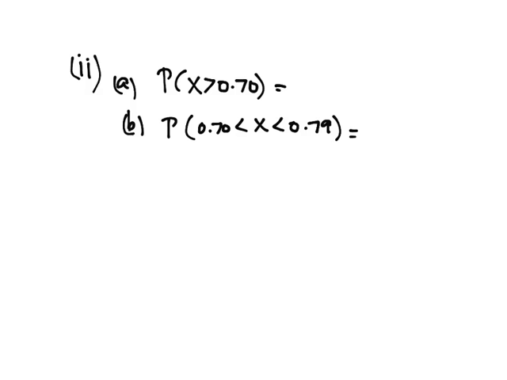Quite an easy problem. The final one, the last two questions: 3% of the population have a reaction time less than C seconds. Represent this information on a diagram similar to the one above. That means I have to represent this on a standard normal curve diagram. This is the standard normal curve.